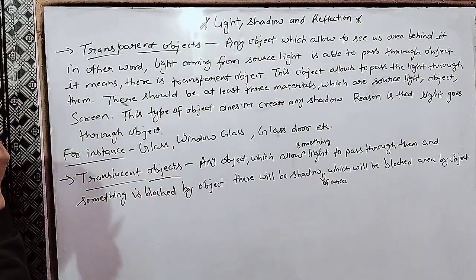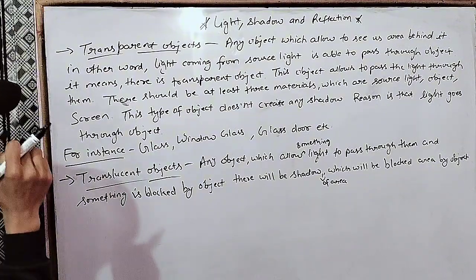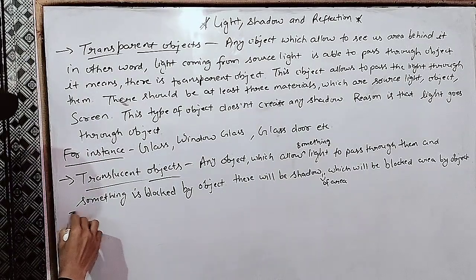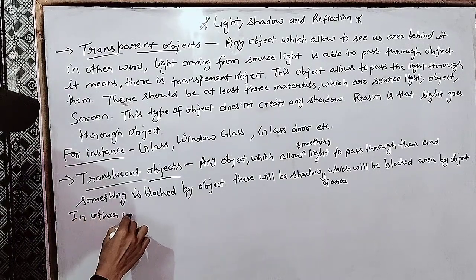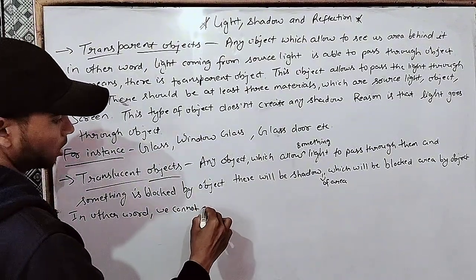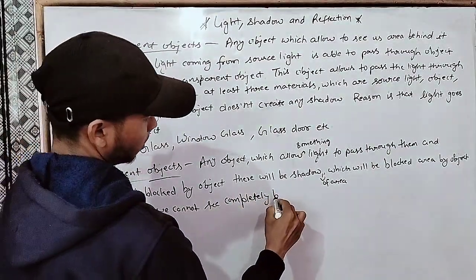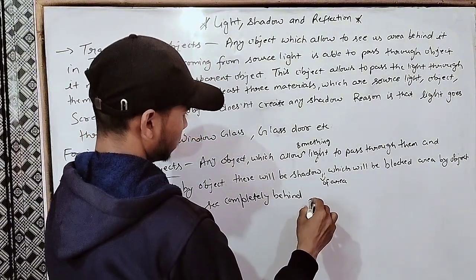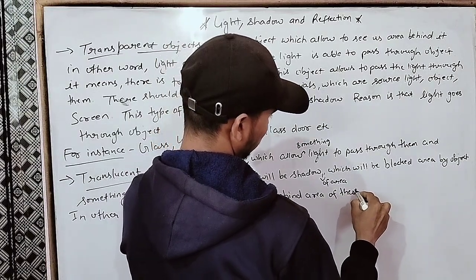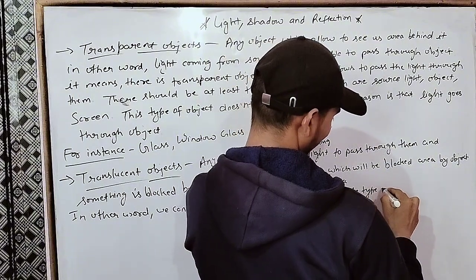Translucent objects. Clear? In other words, we cannot see completely the area behind this type of object.